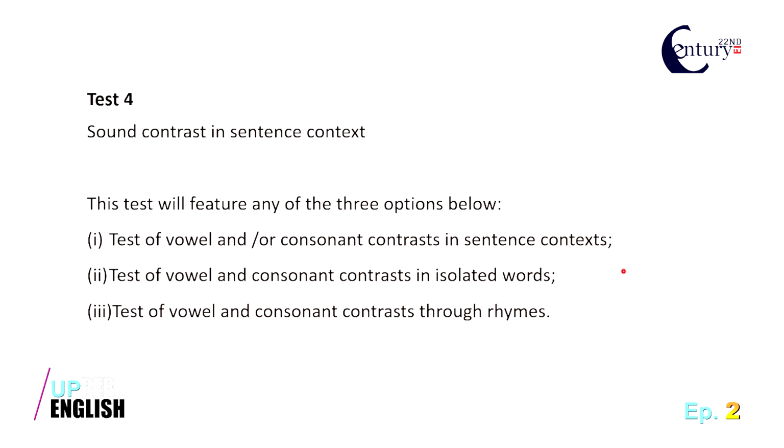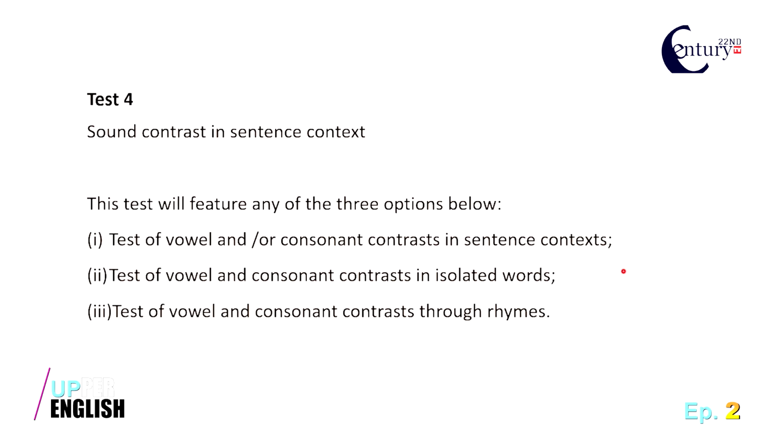To know whether it is about vowel quality and consonant quality in isolated words is very simple. They will use inverted commas, okay? They will use what we call quotation marks for the words they want to emphasize, the vowel or the consonant they want to emphasize.